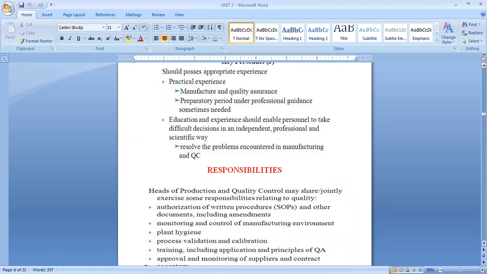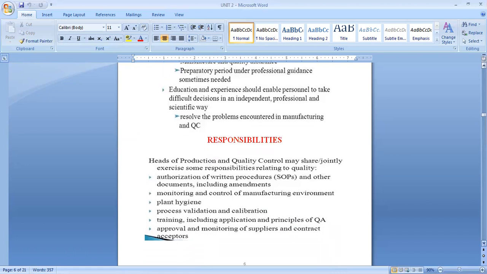Education and experience should enable personnel to take difficult decisions in an independent, professional, and scientific way, resolve the problems encountered in manufacturing and QC.